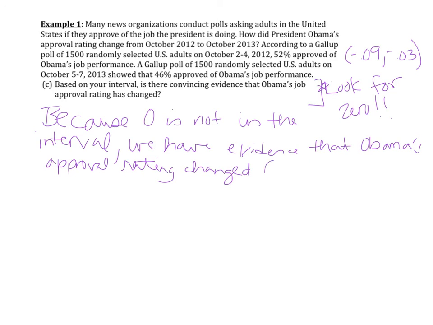I'm actually even going to write that it actually decreased. They didn't specifically ask that, but it's a good idea to mention that. So the main thing you're looking for here, remember, is 0. And since we have all negative, 0 is not in the interval.